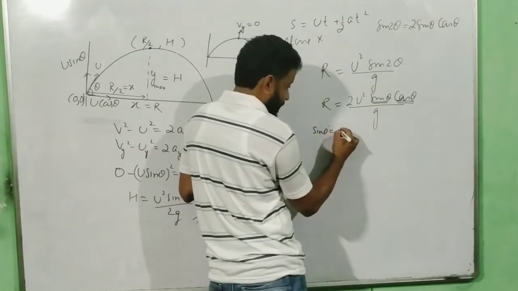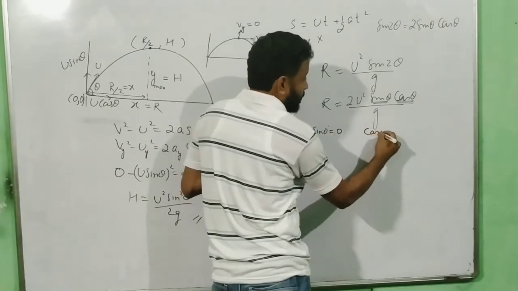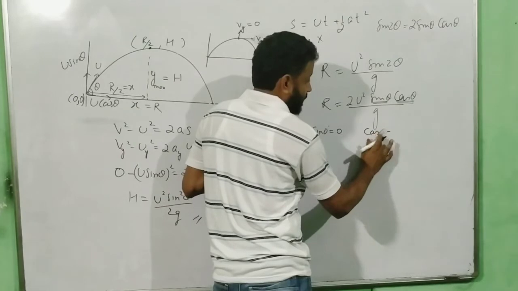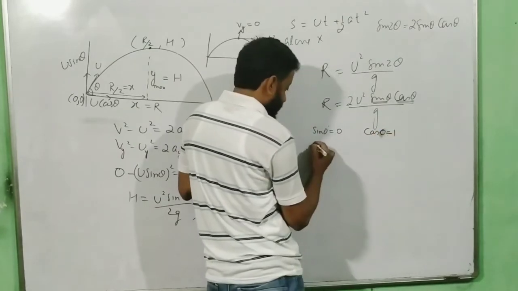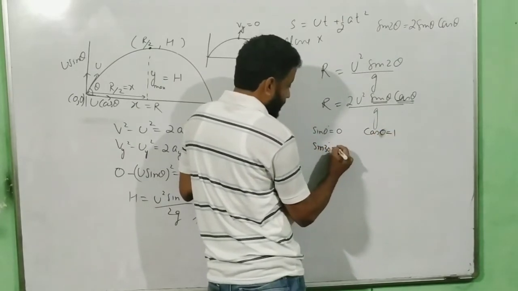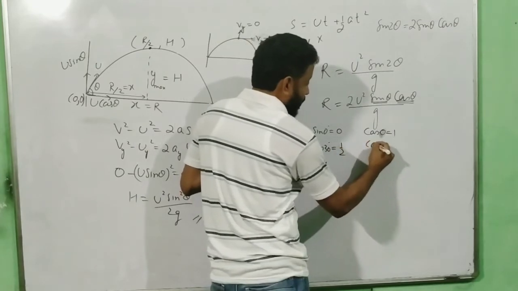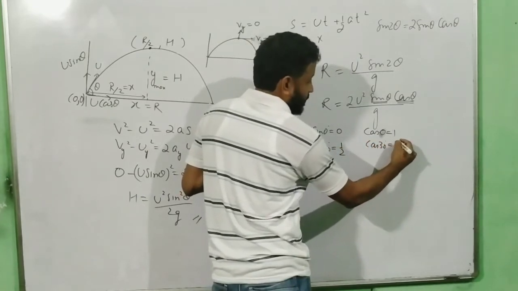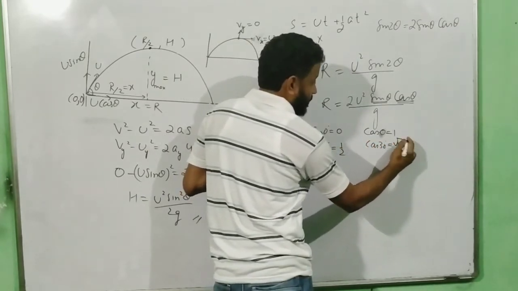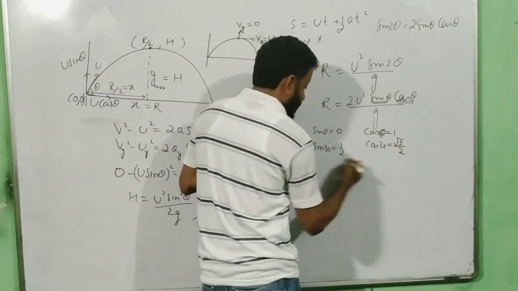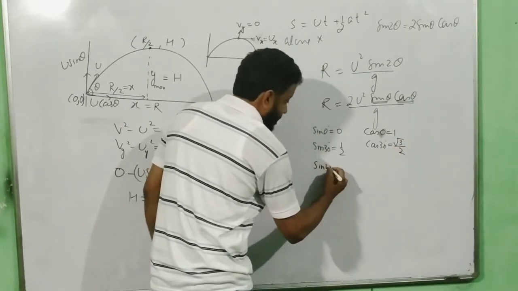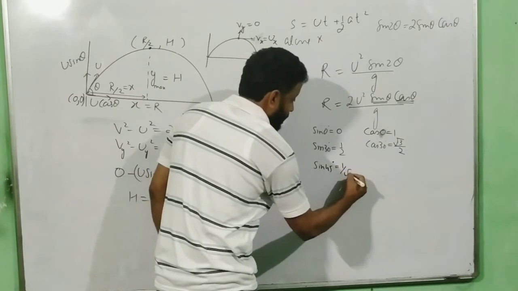Sin 0 is 0. Cos 0 is 1. Sin 30 is 1 by 2. Cos 30 is equal to root 3 by 2. Sin 45 is 1 by root 2.